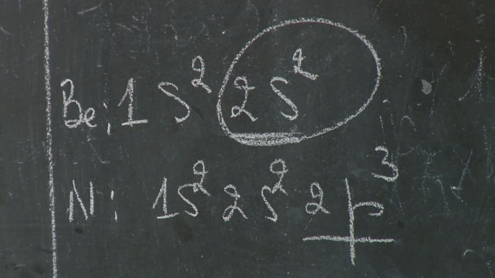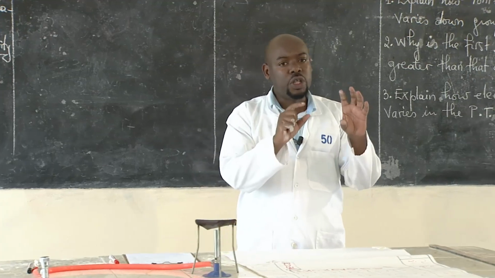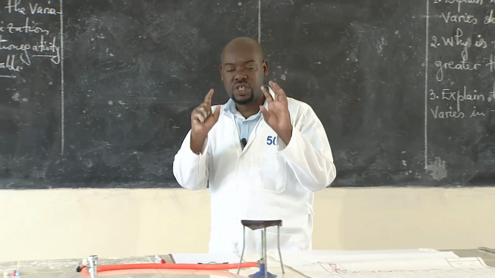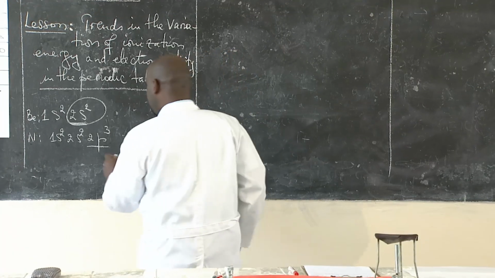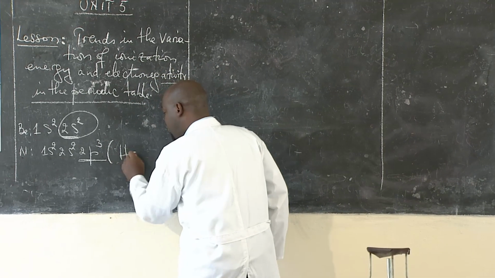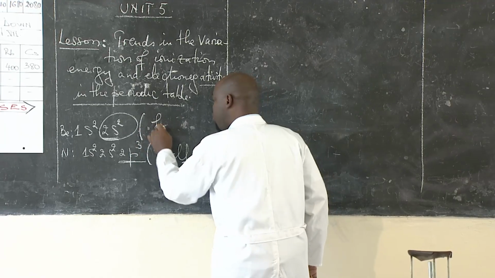As we move across the period, we find those two groups which have exceptionally high first ionization energies. Why? Because we are removing the first electron from orbitals which are very stable, which are thermodynamically stable. So this one is half full, and this is full.